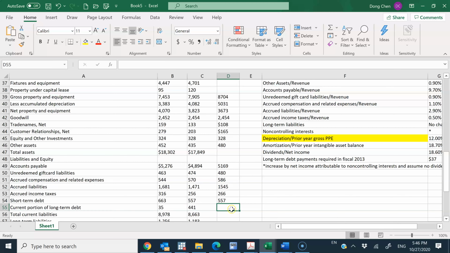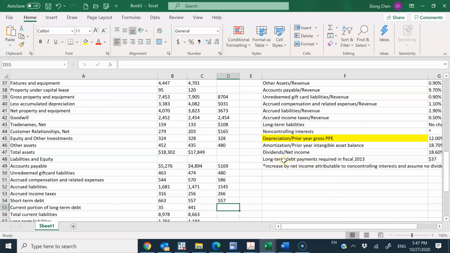For the next year, it's going to be the new portion of the long-term debt, which will become due actually 2 years from today, right? Because we are doing the forecasting for the next year. So 2 years from today, when we stand for the next year, it's going to be due 1 year from next year.